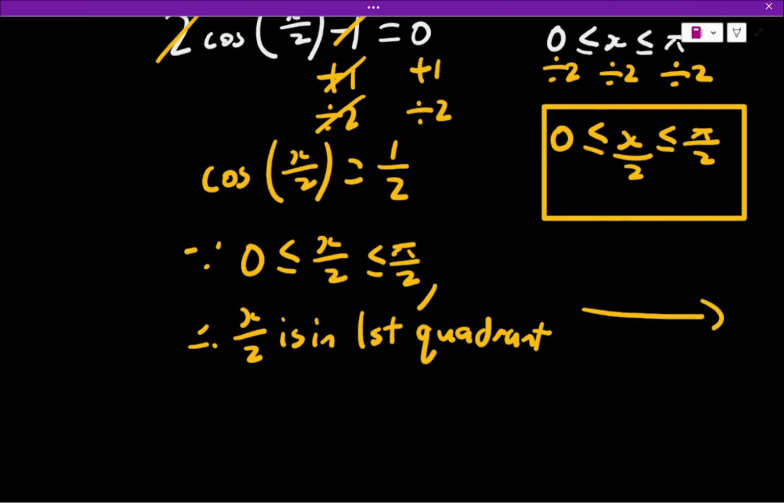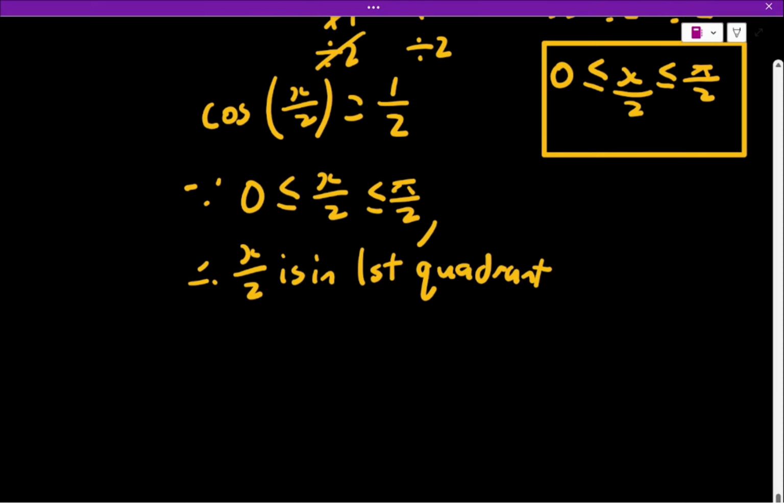Remember, here is 0, here's pi over 2, pi, 3 pi over 2, and then 2 pi. Alright, let's go ahead and find the basic angle.